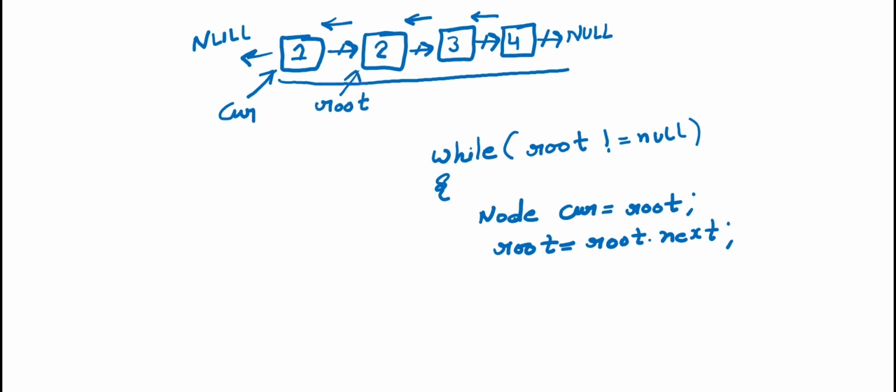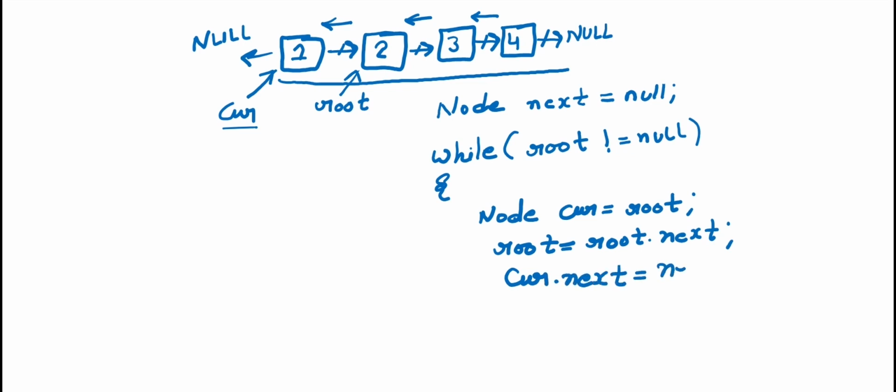Now let's take another node, next, and set it null initially. So now as we can see that we have this node current, we will assign the next of this current node to next like this, and we will make next to current, and we will close our loop.